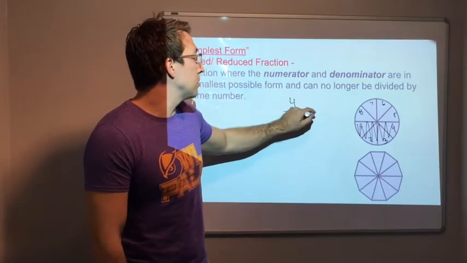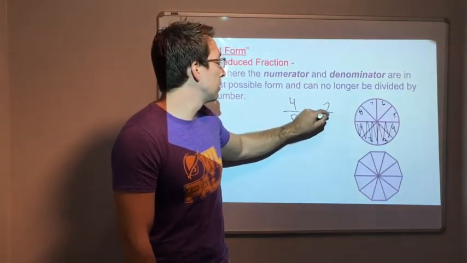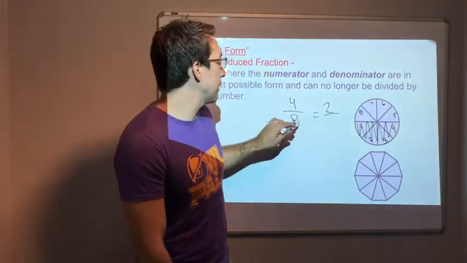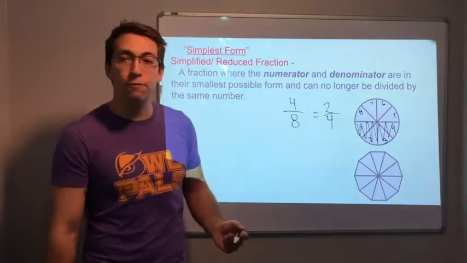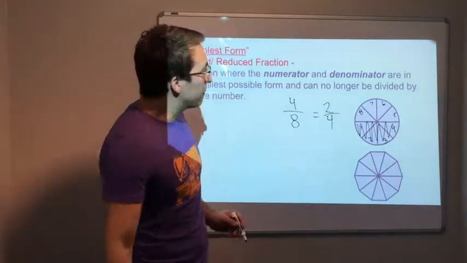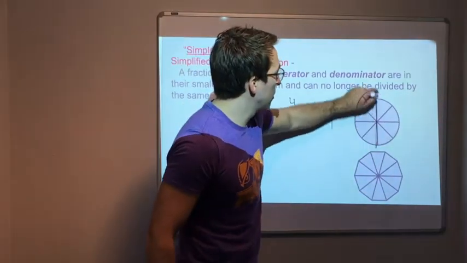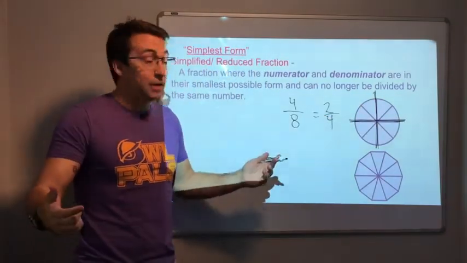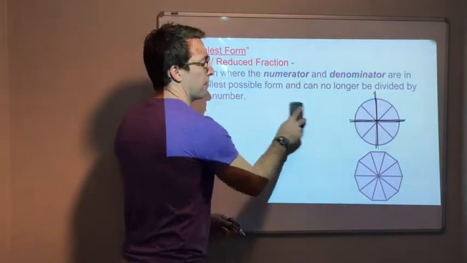If we divide both by 2, 4 divided by 2 is 2, okay? 8 divided by 2 is 4. Look, we have 2 out of 4. If we divide this circle into 4, notice we have 4 pieces. Now, is that still the smallest or most reduced number?